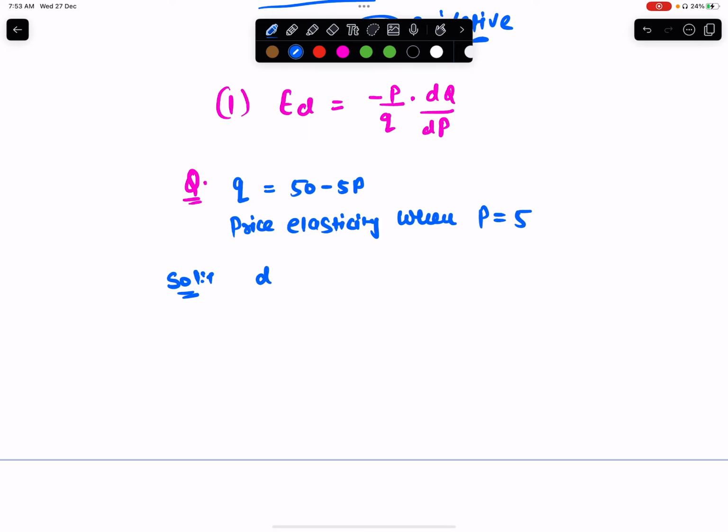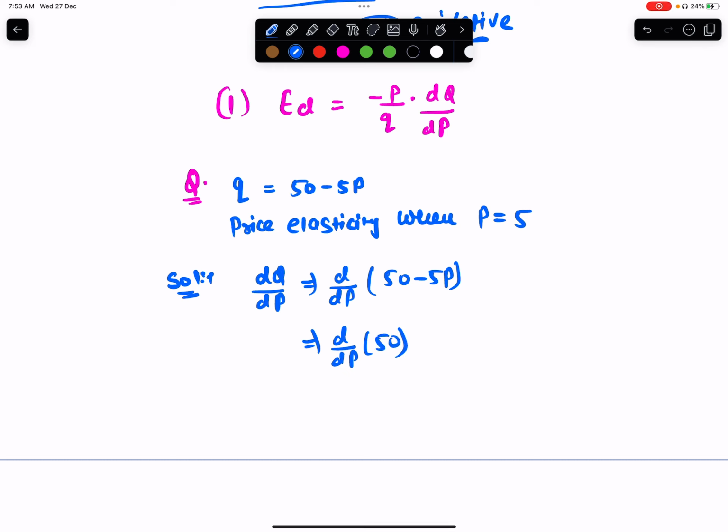So first we will find dq by dp. How will we do that? We will differentiate d by dp of q, 50 minus 5p. So what will be the differentiation? d by dp of 50 minus d by dp of 5p. Differentiation of 50 is 0, differentiation of 5p is 5, so that is equal to 0 minus 5, that is minus 5.